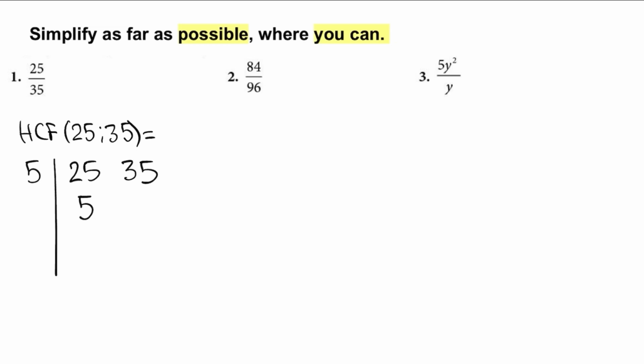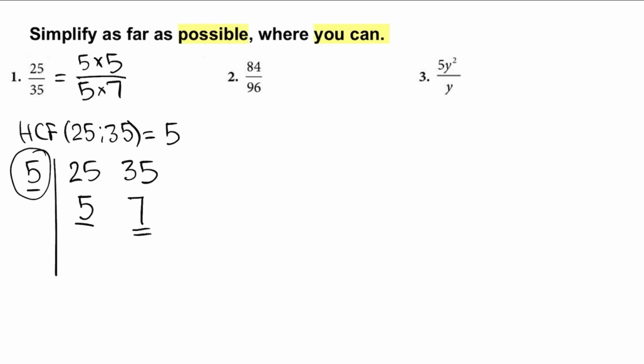Then 25 divided by 5 we get 5, and 35 divided by 5 we get 7. Now our highest common factor is 5, which means 25 can be written as a multiple of 5 and 5. 35 can be written as a multiple of 5 and 7.